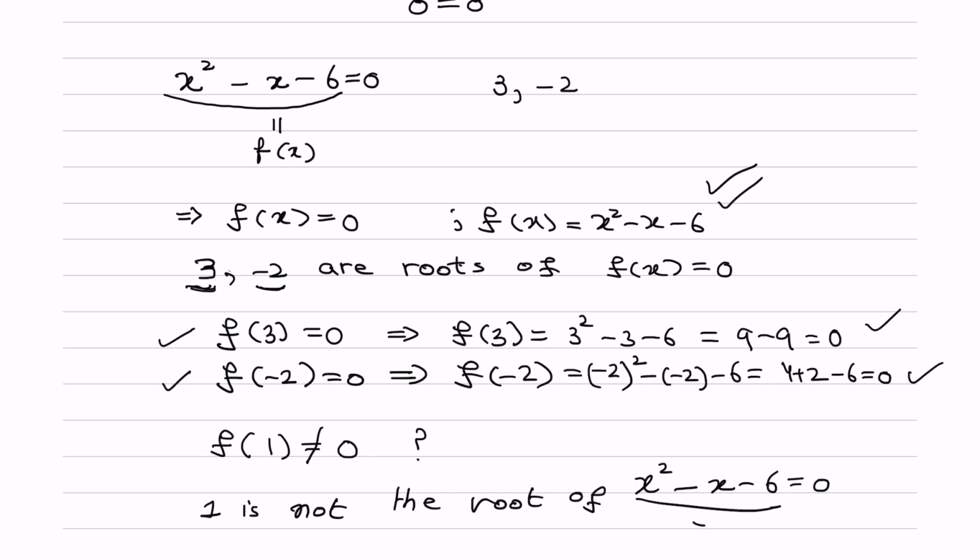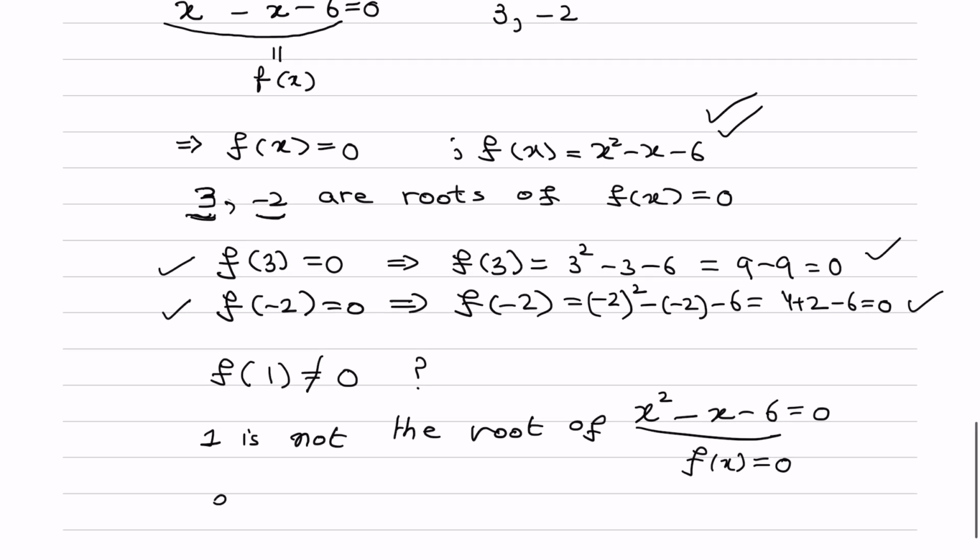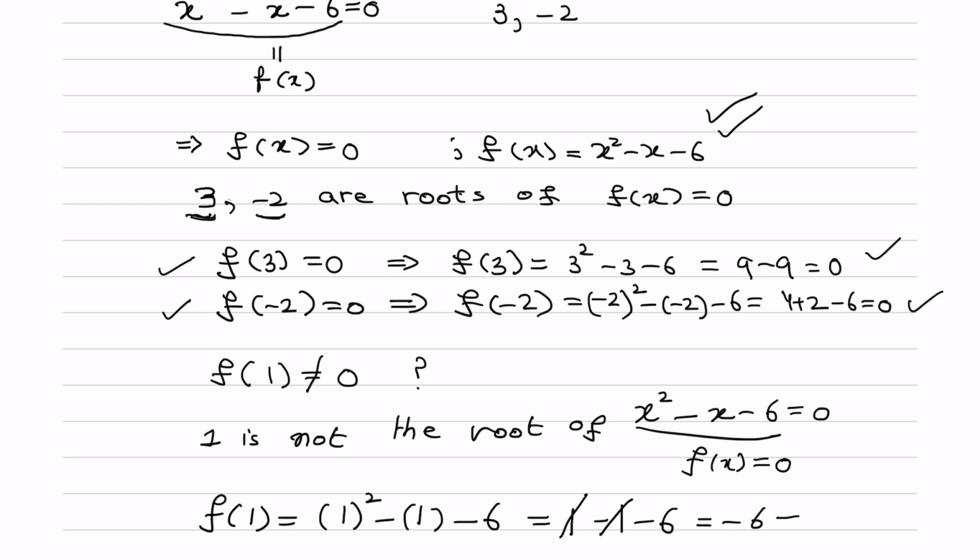Since this is f of x, 1 is not the root of the equation f of x equal to 0. And we can double check that. f of 1 is equal to, the equation is x square minus x minus 6. So in the place of x we have 1, gives us 1 minus 1 minus 6, gives us minus 6, which is definitely not equal to 0.